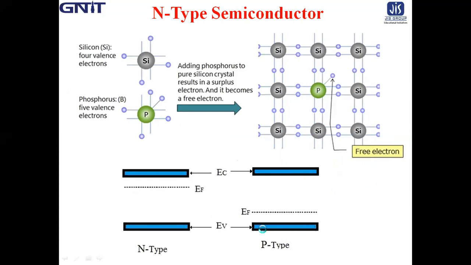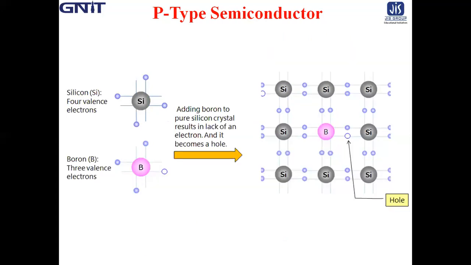Here it is near the valence band, because free holes are present. Since holes are the majority carriers, these semiconductors are called p-type semiconductors, where electrons available in the conduction band are minority carriers. Boron atoms are called acceptor atoms because they accept electrons from the valence band and are negatively charged fixed atoms.